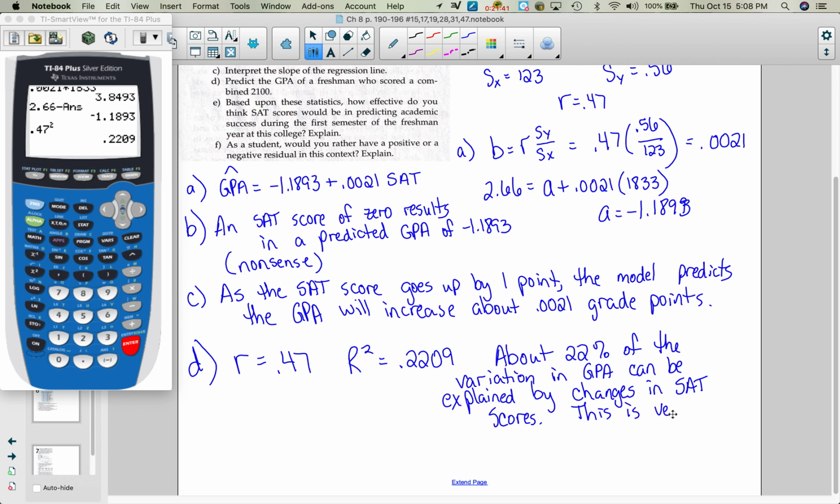This is very low. Think about what that means. That means there's 78% of the variation in GPA that's explained by something else. So only 22% of this variation can we say is explained by changes in SAT scores. Because that's so low, my answer would be that SAT scores do not appear to be effective or a good predictor.